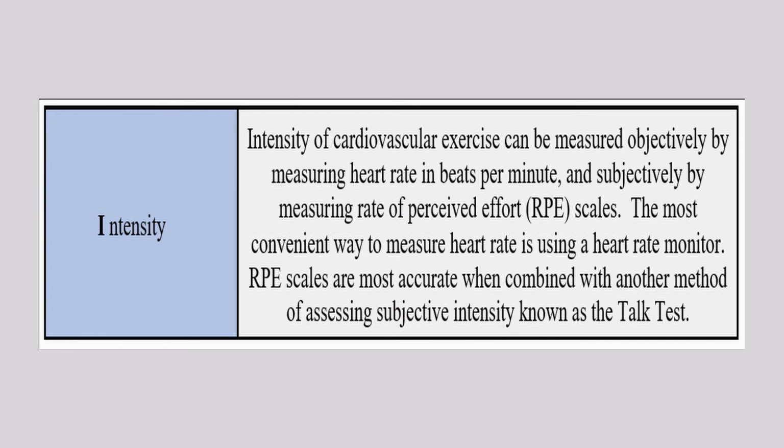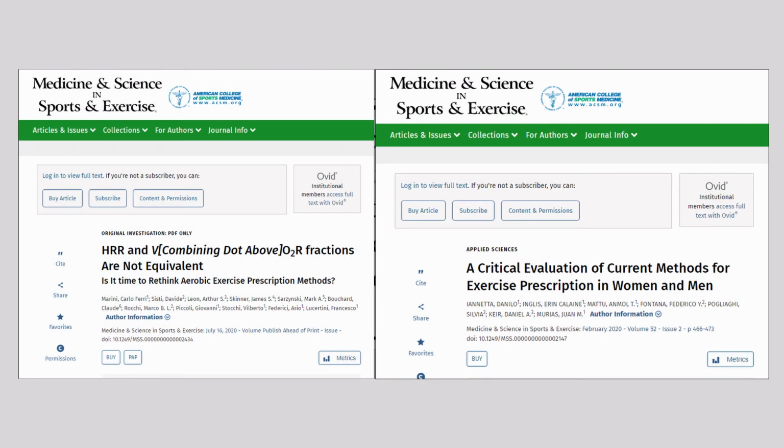But having said that, recent evidence or critical reviews have questioned the use of measuring heart rate or measuring percent of VO2 max as the primary way to looking at intensity, because this type of measurement and way to determine the aerobic training zone isn't as accurate as they once thought.